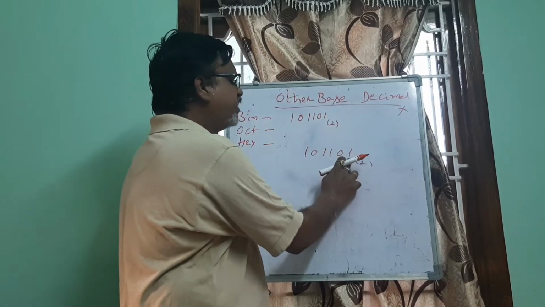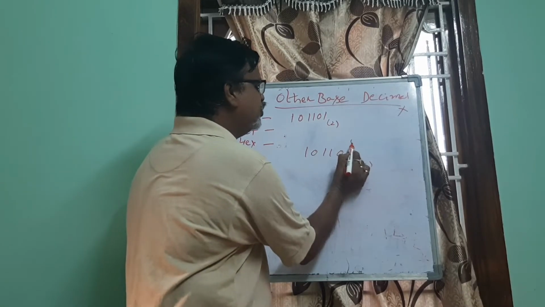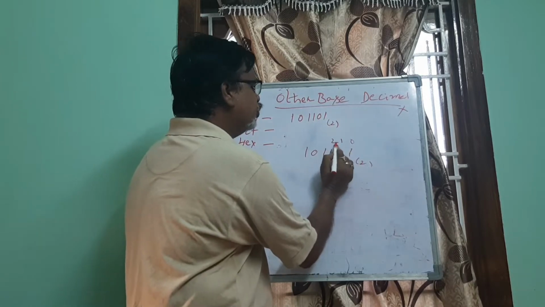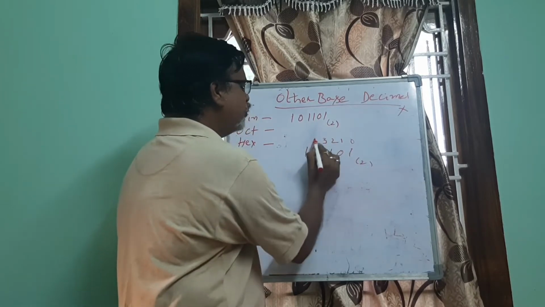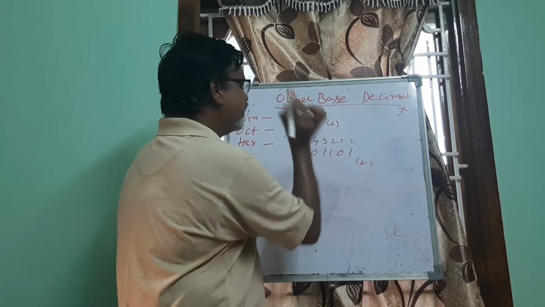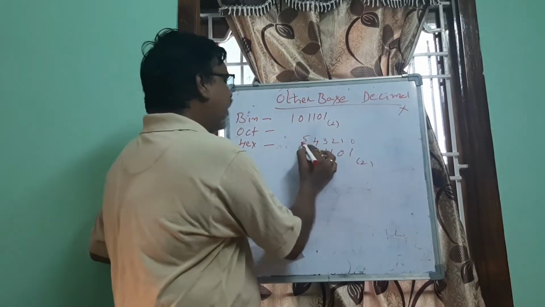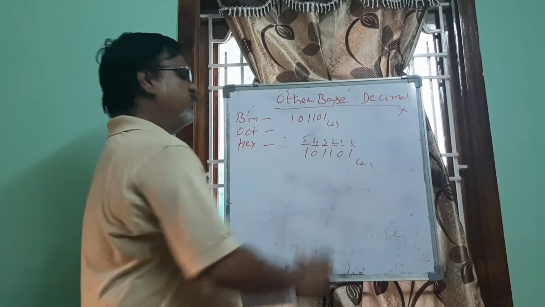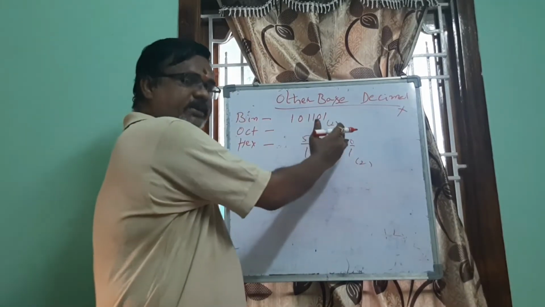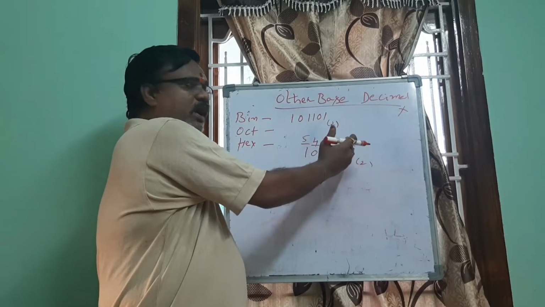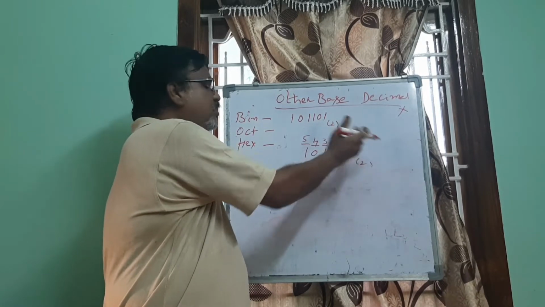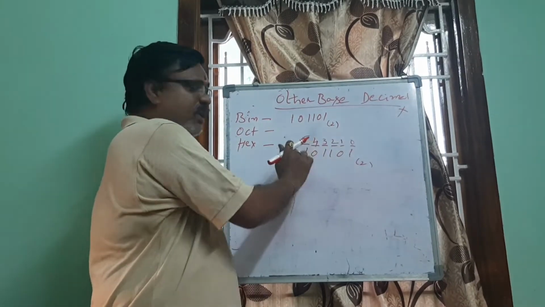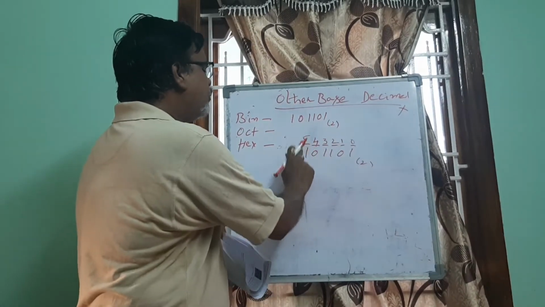So the position of this bit is 0, next position is 1, position 2, position 3, position 4, position 5. These are called the position values of the corresponding bits of the binary number. Position values you always have to write from the LSB, least significant bit, to the MSB, most significant bit. After you write the position values, you have to multiply.